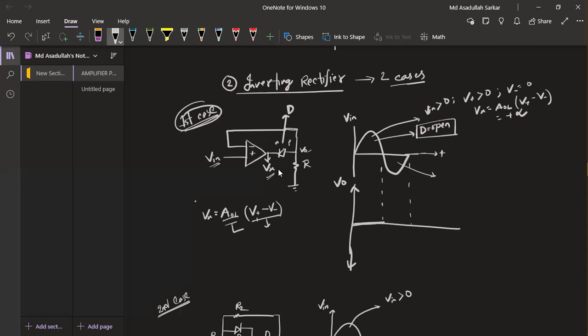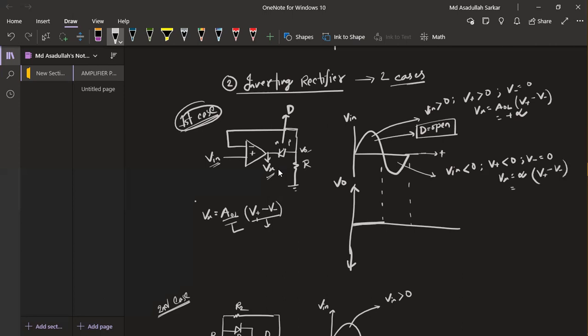For the negative portion of the cycle, V input is less than 0. If V input is less than 0, then V plus is less than 0, and V minus is 0 as initially taken. So now Vx will be infinite multiplied by (V positive minus V negative).